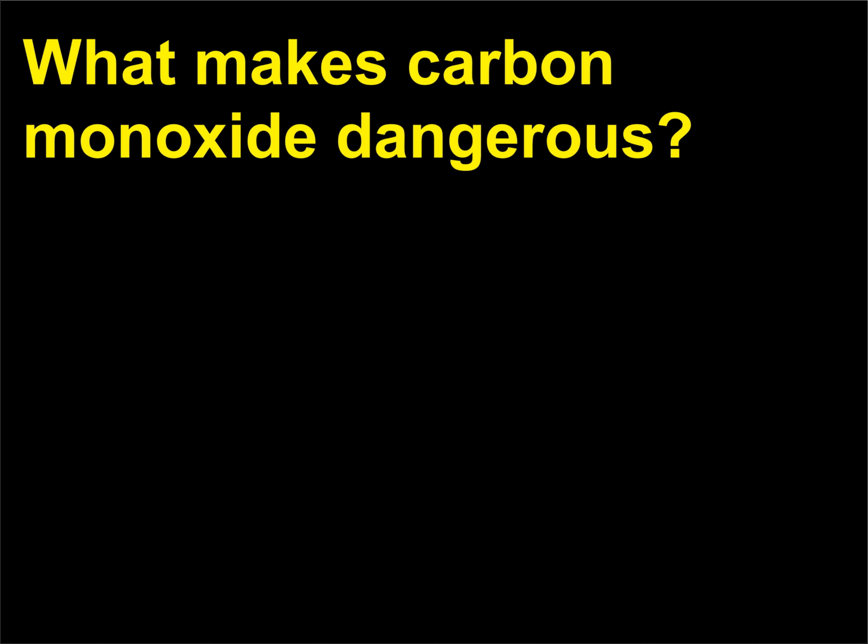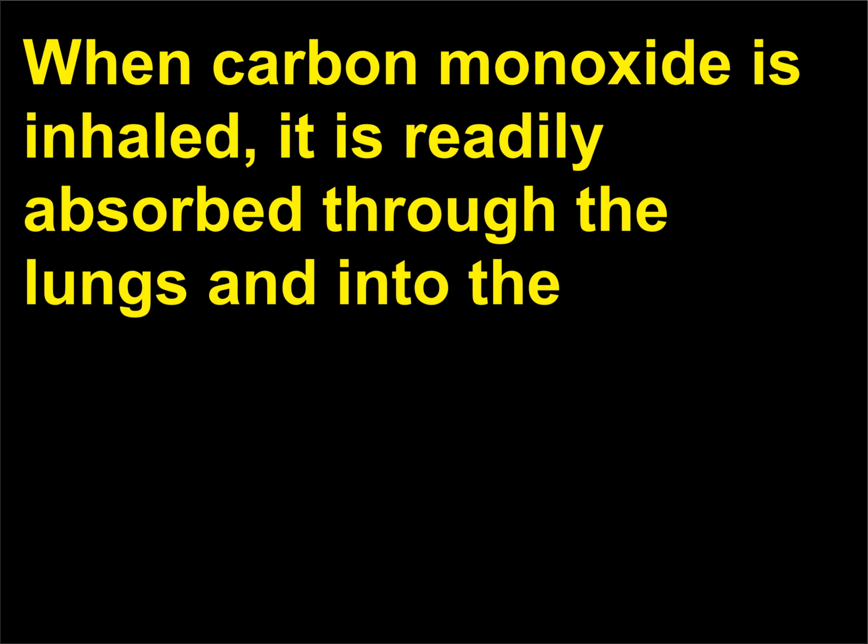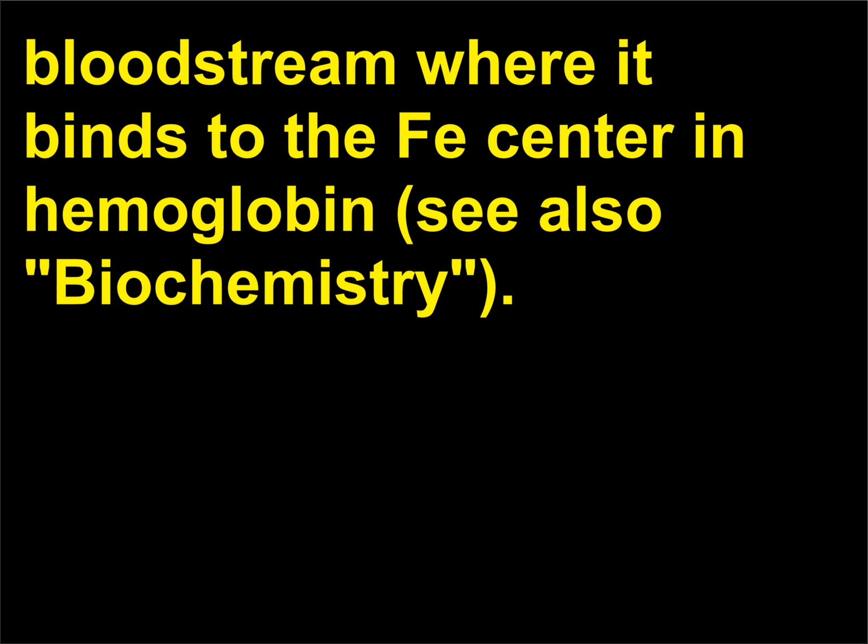What makes carbon monoxide dangerous? When carbon monoxide is inhaled, it is readily absorbed through the lungs and into the bloodstream where it binds to the iron center in hemoglobin. See also biochemistry.